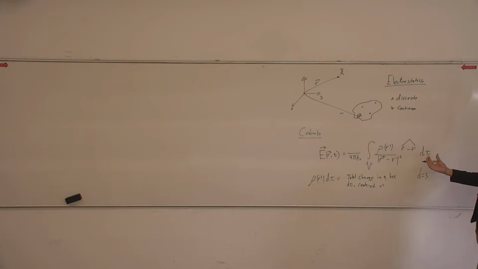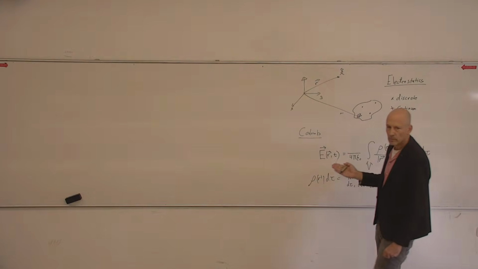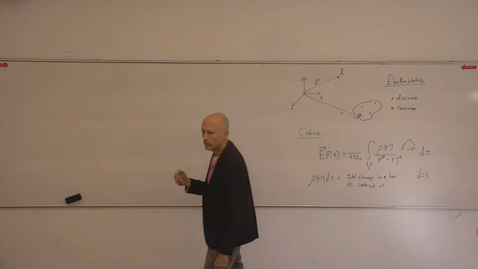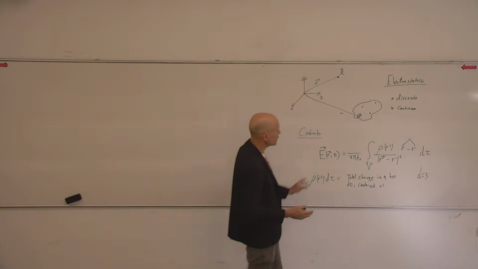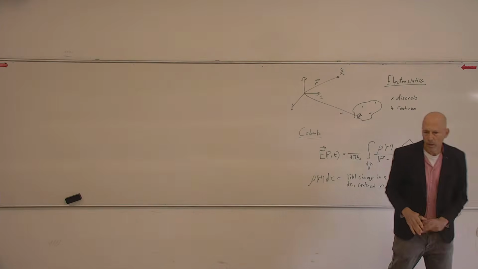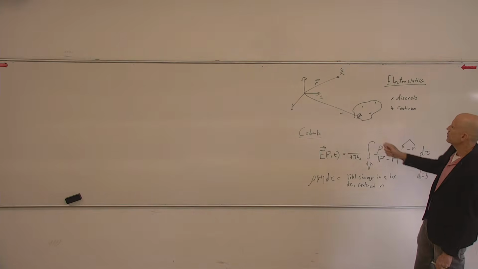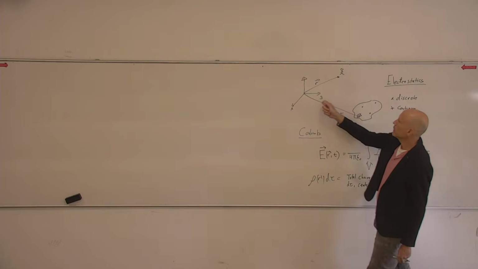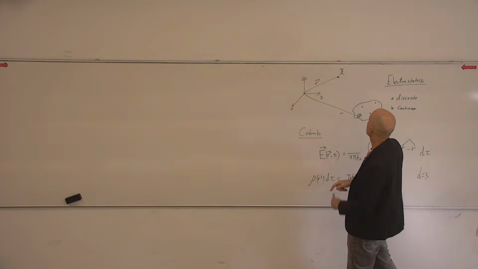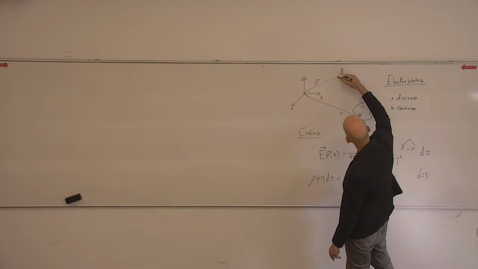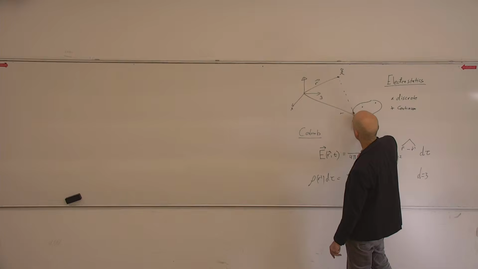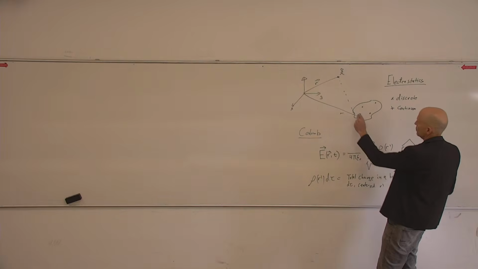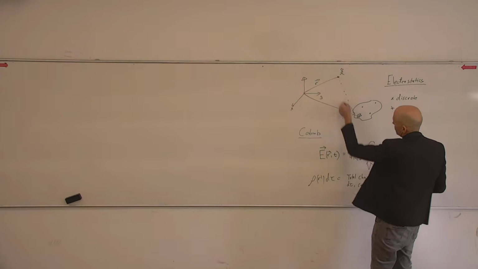Here we don't have only Coulomb's law, we actually have 2 laws. What is the second law? What am I using here? It's a bit more than Coulomb. I'm also using here the superposition principle. The superposition principle says that the charge here gives me an electric field here. By the way, this distance from here to here is of course r minus r prime, which is why this enters here.